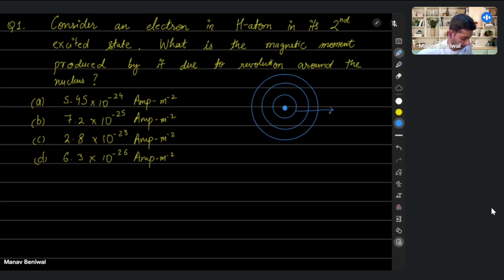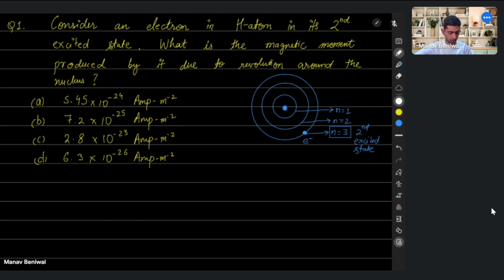So this will have n equals 1, this will have n equals 2, and this will have n equals 3. So this is the state which we will focus on, n equals 3 state. This is our second excited state. Okay, and we have one electron here, and what we want to find is its magnetic moment.